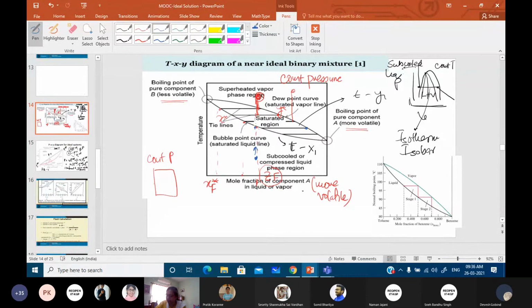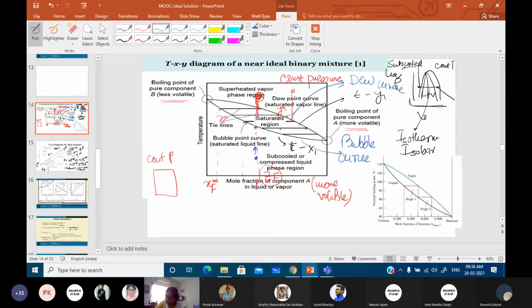Accordingly, this curve is known as the bubble curve. The bubble curve is simply the locus of all the points at which the first bubble appears, and this is known as the dew curve. The dew curve is the locus of all the points where the first dew appears.